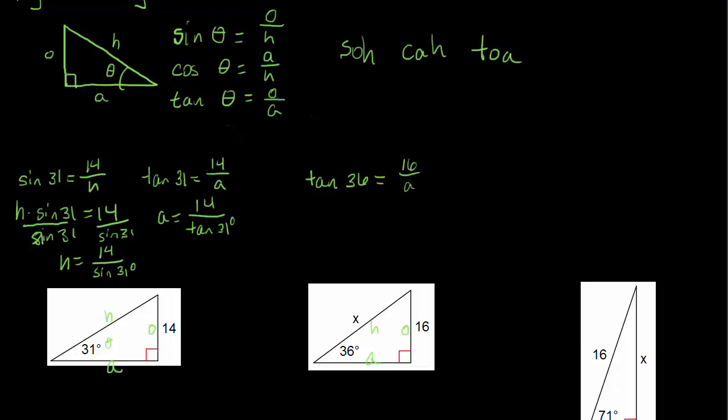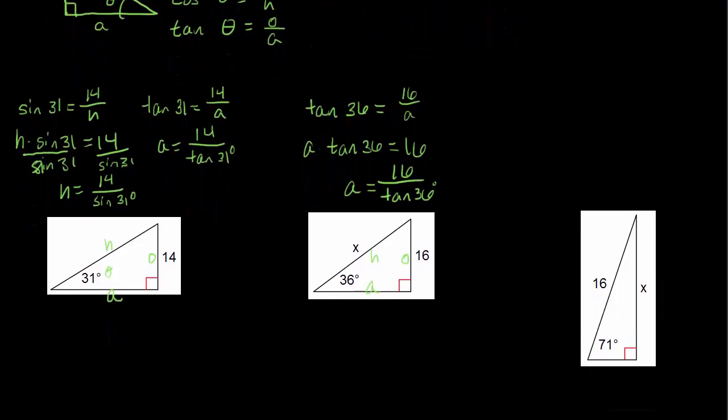We cross multiply, so a times tan 36 is equal to 16, and then we divide. So a is equal to 16 divided by the tangent of 36 degrees. Again, make sure your calculator's in degrees. If it's in radians, you're not going to get the correct answer.